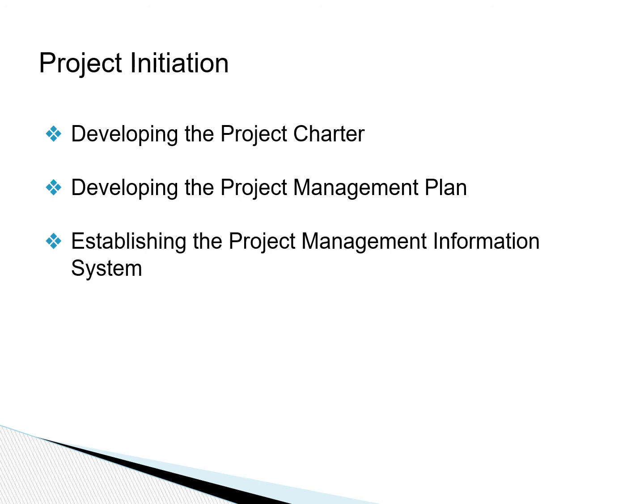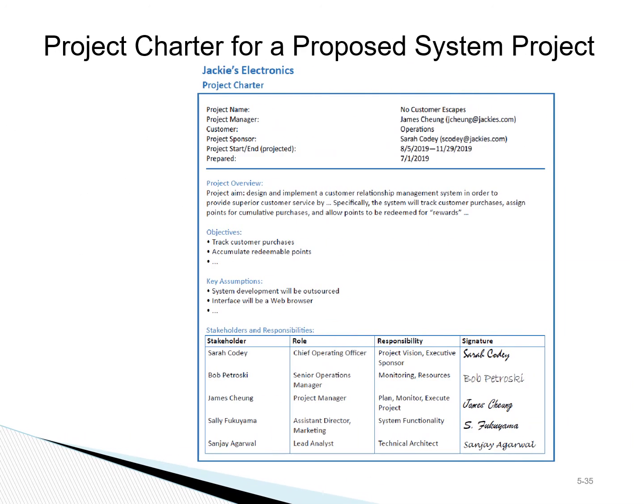So let's take a quick look at each of these. This is an example of a project charter, and you see that things such as project overview, project objectives, key assumptions, and roles and responsibilities for key stakeholders are all captured in this document, the project charter.